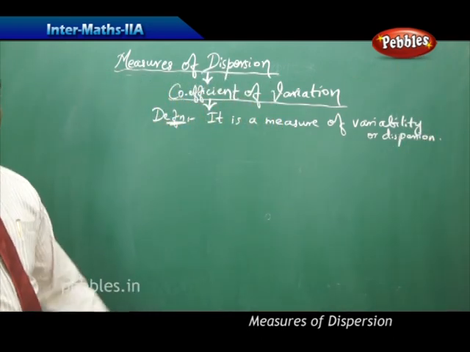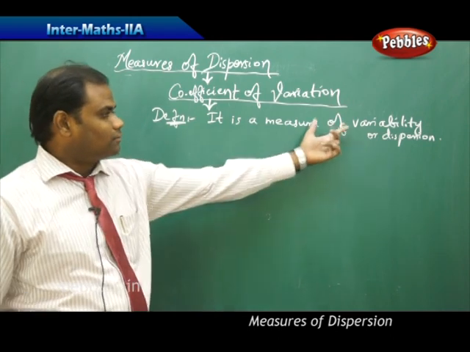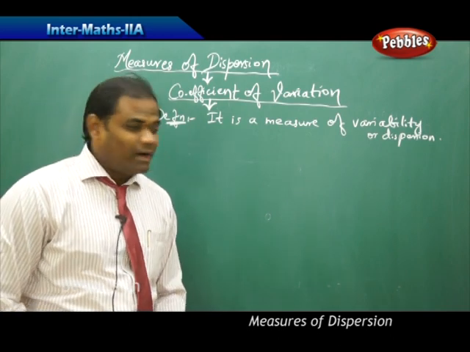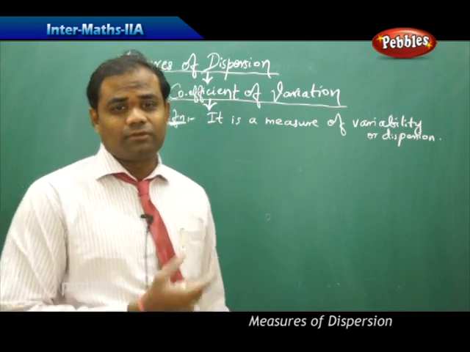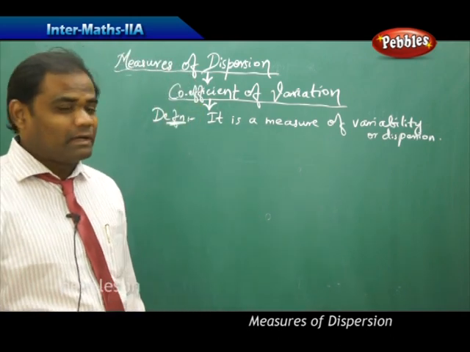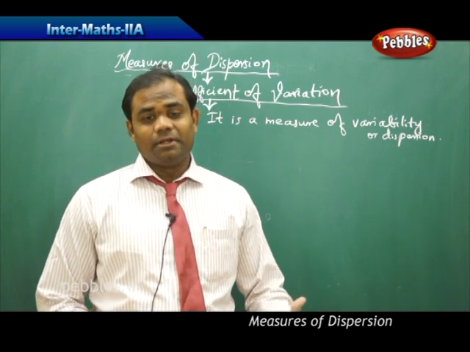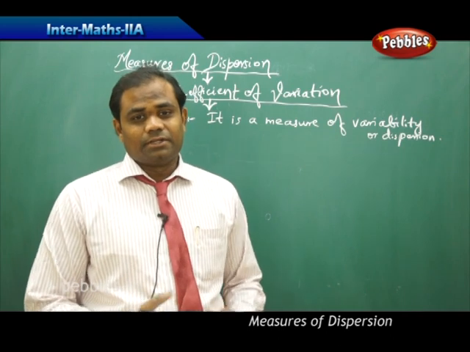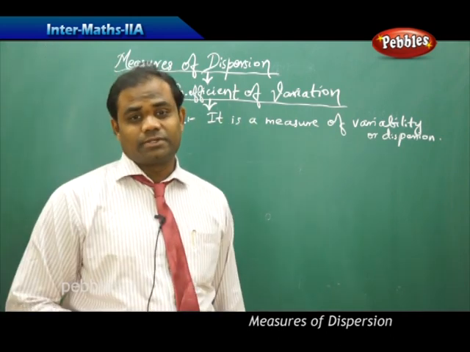Why do we need to include it? What is the need for inclusion of coefficient of variation? Now that we have studied the three measures of dispersion, the range, the mean deviation and the standard deviation, what is essential for introducing coefficient of variation is the biggest question here.